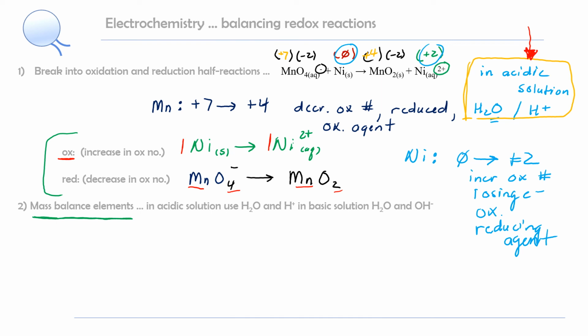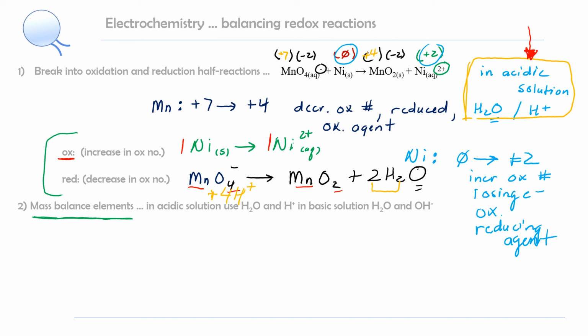So here's where we start using the water and the hydrogen ions. I have 4 oxygen on the left, so that means I'm going to have 2 water molecules over here to introduce the 2 oxygen that I'm lacking. Now I've introduced a total of 4 hydrogen, so I must add 4 hydrogen ions over here on the right to get the hydrogen balanced.